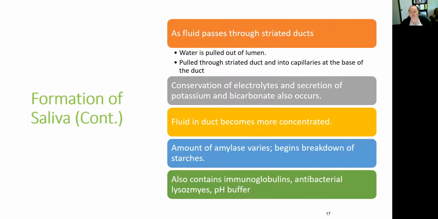So conservation of electrolytes and secretion of potassium and bicarbonate also occurs. Fluid in the duct becomes more concentrated, and the amount of amylase, that is what's breaking down our carbohydrates, varies and begins to break down those starches.